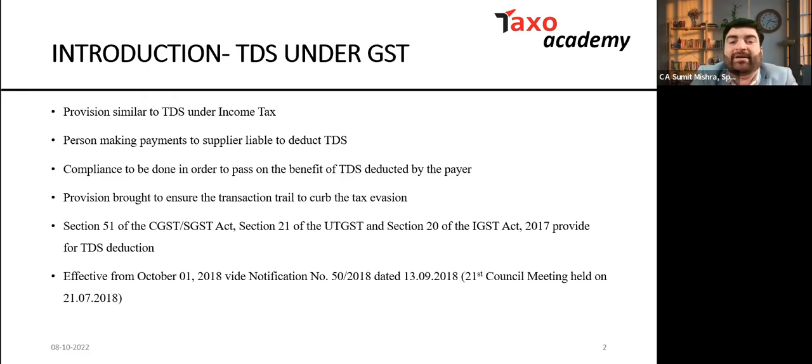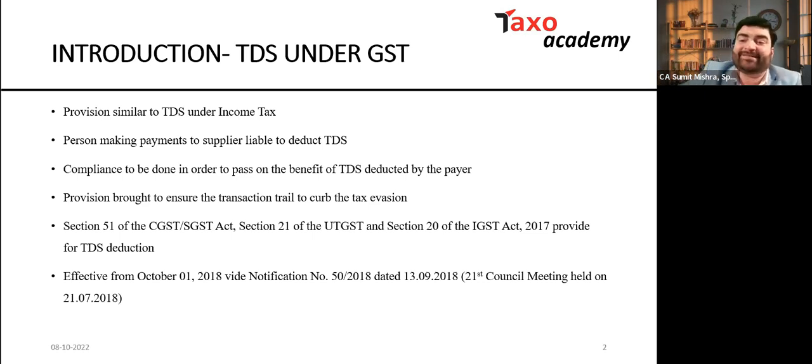For example, if I am collecting some amount from a third person, that will be my income, and on that income I am supposed to pay tax, be it income tax or GST. In case of income tax, if it is my income, then I have to pay income tax. If I am supplying something to another person, I will collect consideration, and on that consideration I will collect GST and then remit it to the government.